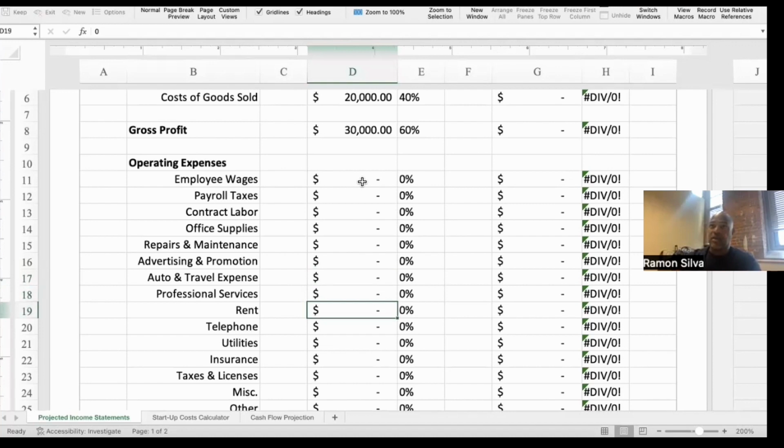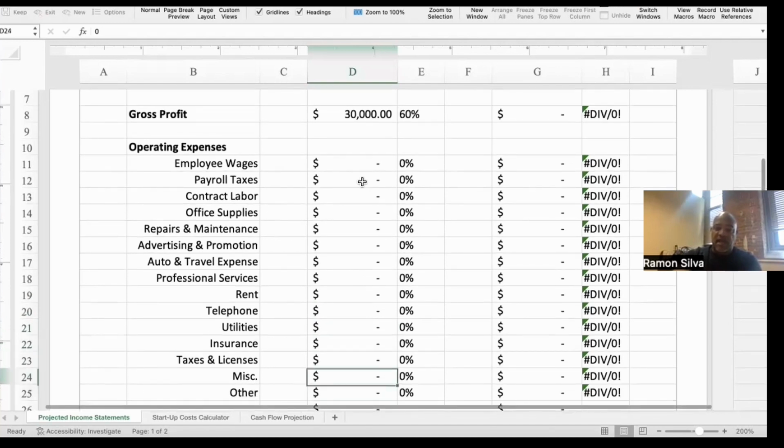It can also be rent for a portion of your home, but that should really be thought about because there are some other tax implications for writing off business use of home expenses. They would definitely need to be reasonable for your type of business and doing that business out of your home. Telephone and utilities are pretty straightforward.